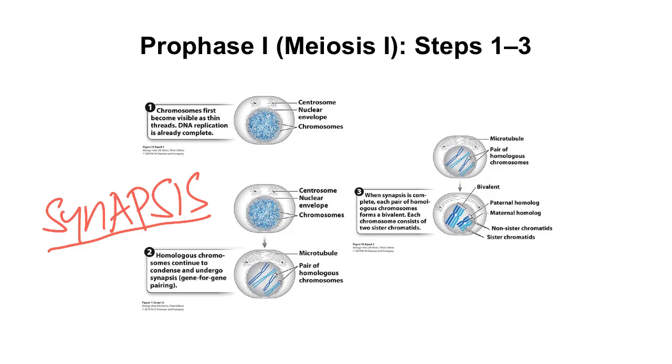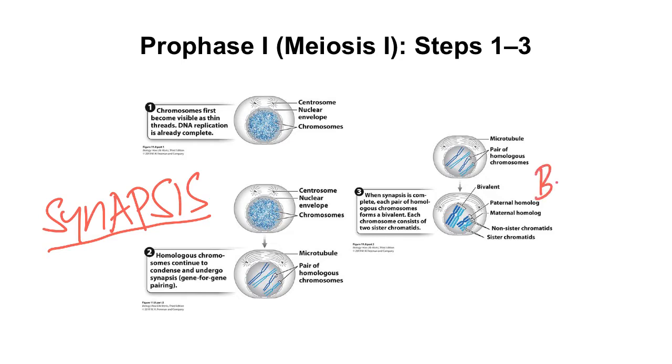Not only are they of a similar set, but their order in the chromosomes is identical. Although the gene at each corresponding point along the chromosomes may not have the same version of the gene, it is still the same gene. Maybe it's a gene for eye color, but one might code for brown and the other for blue. Nonetheless, they are neatly paired, aligned with each other in the bivalent chromosome.